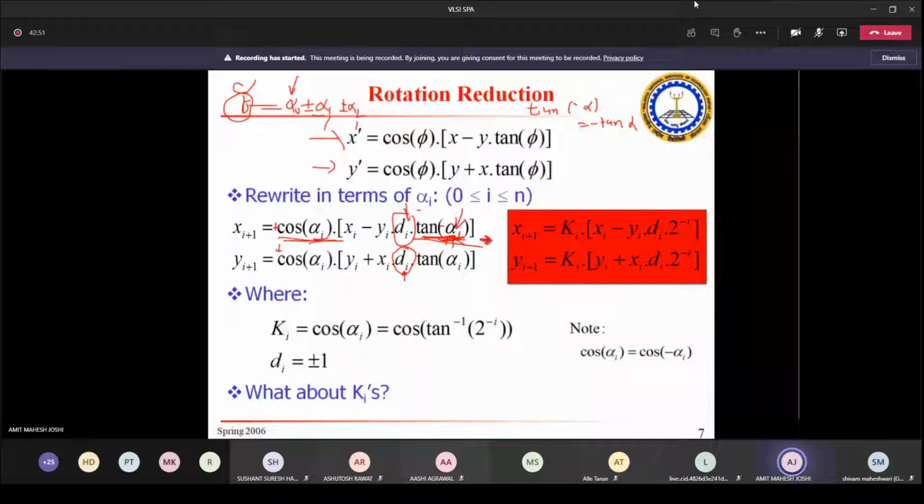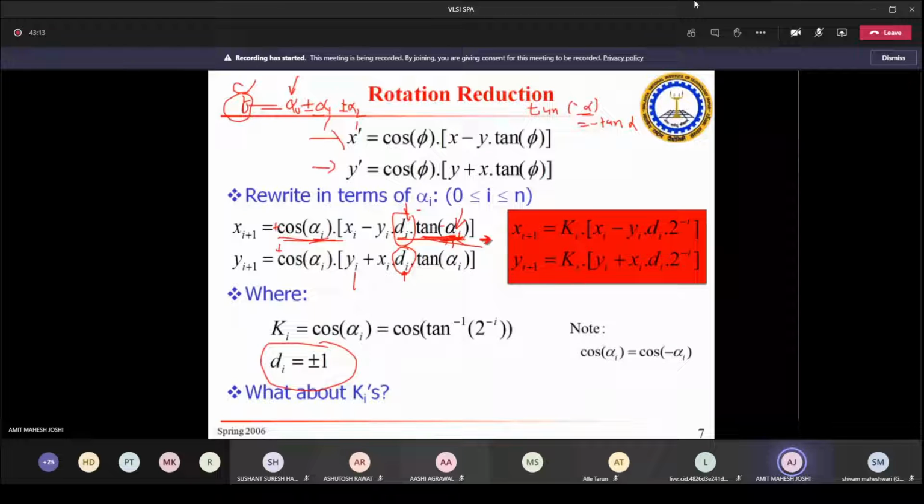So in order to take care of this, I am considering di. Now this di could have a value of plus 1 or minus 1. Di would be minus 1 when alpha is a negative value. If it is a positive value of alpha, then this di has to be plus 1. So this way I am taking care of it.